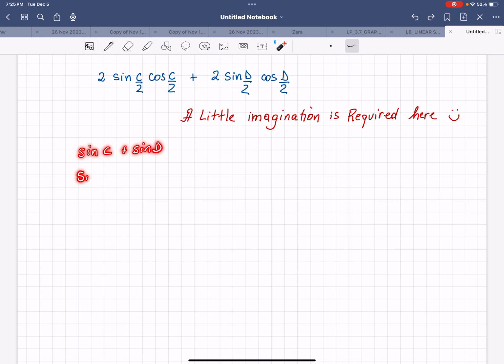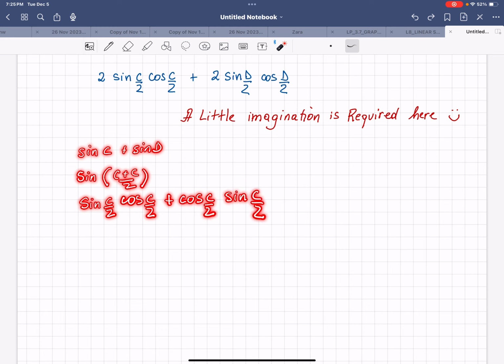So sine of c can be interpreted as c over 2 plus c over 2, which is sine c over 2 cos c over 2 plus cos c over 2 sine c over 2. You see that? Now, as you can see, these two are identical terms, or can we say like terms? So you can add them by giving coefficient of 2, which is sine c over 2 cos c over 2.